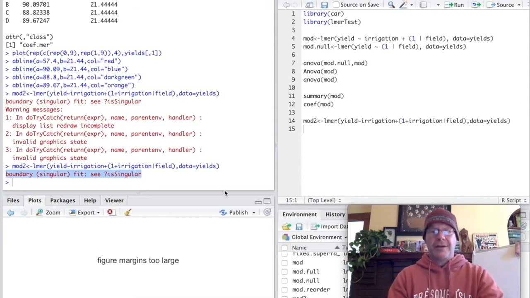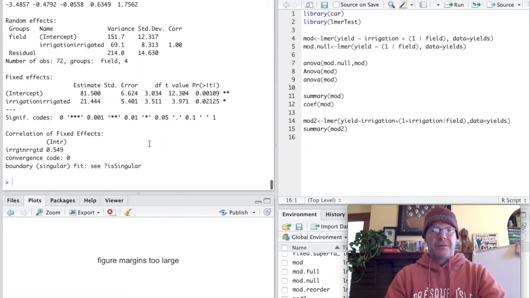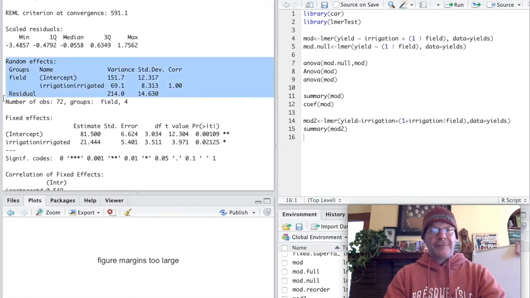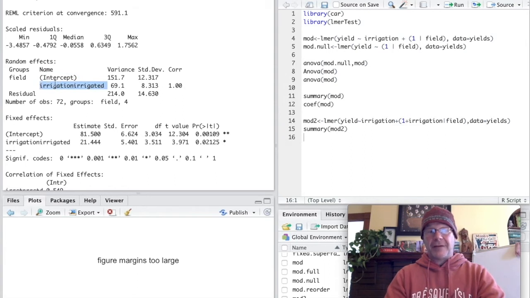It's just a warning, not an error, so it's not necessarily wrong, it's just probably not the best solution. If we were to look at the summary of that mod 2, notice up here where the random effects are, for each field we have an intercept, and now each also has its own slope.